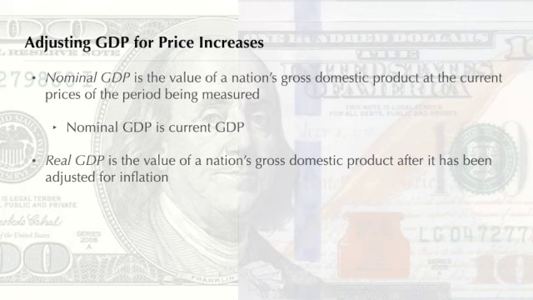Nominal GDP, or current GDP, is GDP expressed in the current prices of the period being measured. Real GDP is GDP adjusted for price changes. Calculating real prices allows economists to determine if production increased or decreased, regardless of changes in the purchasing power of the US dollar.